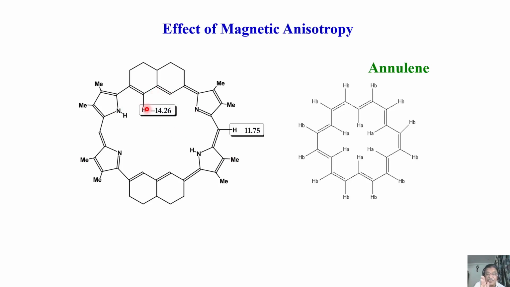Remember, much higher field than TMS. TMS is 0, and this is much higher field than TMS, while this is much lower field. See, the chemical shift difference between the internal proton and the peripheral proton is nearly 25 ppm. That is a large value, just because of how the charge is distributed inside and outside.